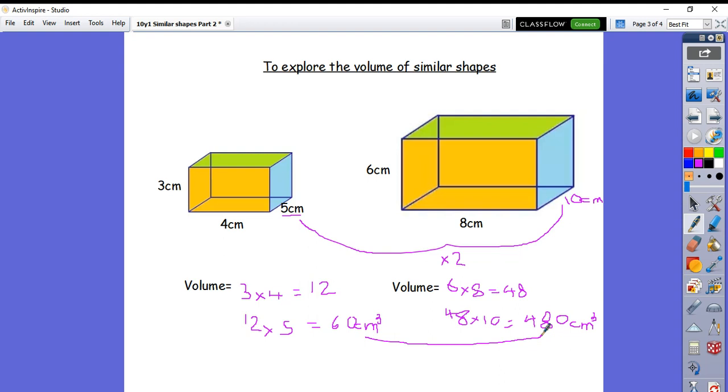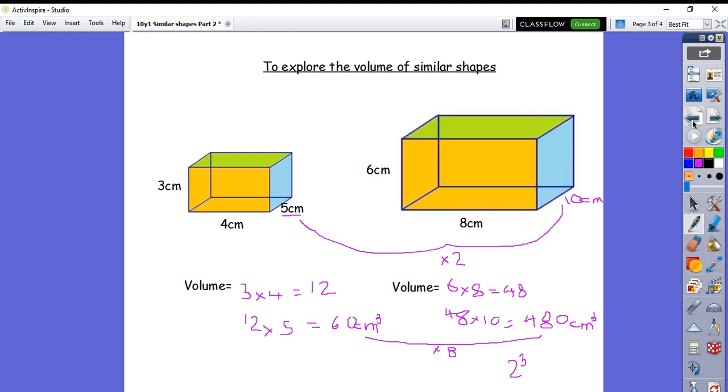Well, you may have noticed we have multiplied that by 8. But again, if we think about our original scale factor of 2, what would the relationship be? Well, we could argue it's 2 cubed. 2 cubed we know is equal to 8.